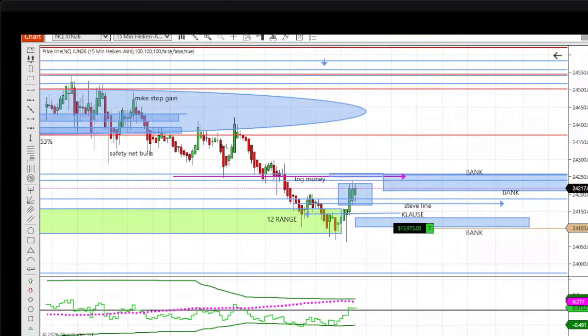Still hasn't broke it. Until that body starts moving on this candle, we're not going to get it moving. So I'm thinking it's going to be the next candle, guys, which is about 6 minutes. No, I don't think so today.